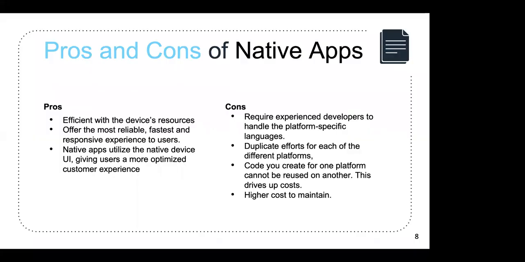If we go through the pros and cons of native applications, these native applications are very efficient with the device resources. They offer the most reliable, fastest and most responsive experience to the user. And also, as I mentioned, native applications can easily access the hardware and software of your operating system.